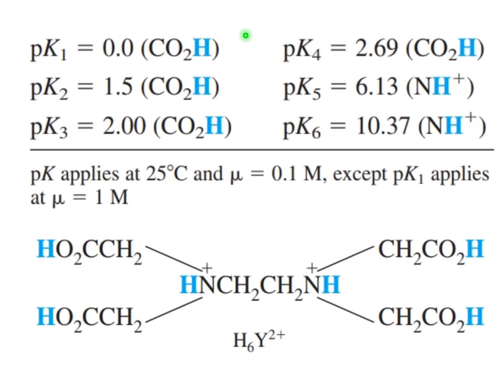Now let's look at acid-base properties. Here we have 1, 2, 3, 4, 5, 6 hydrogen atoms that can react with hydroxide and dissociate. So we have 6 pK values.